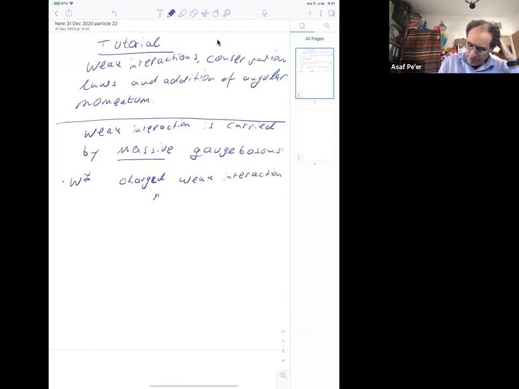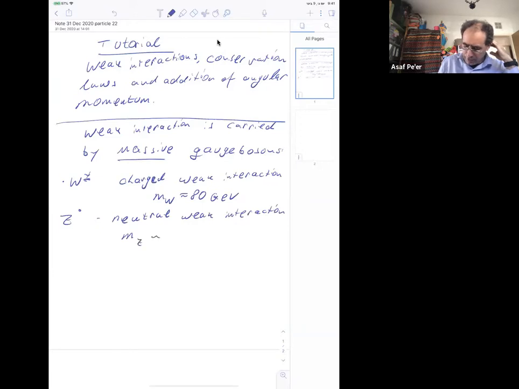And their masses are around 80 GeV. And the Z boson, which is neutral, is somewhat heavier. The mass of the Z boson is 91 GeV, roughly.